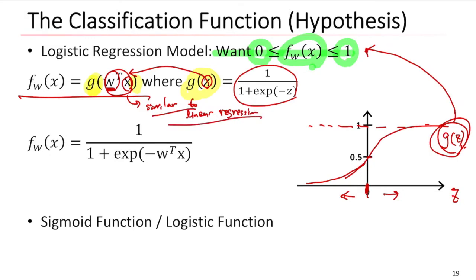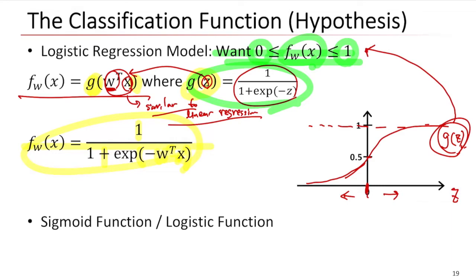The main difference is we introduced this nonlinear function to satisfy this constraint. So finally, we can define our logistic regression model. It looks like this: 1 over 1 plus exponential minus W transpose X. This is our logistic regression model.